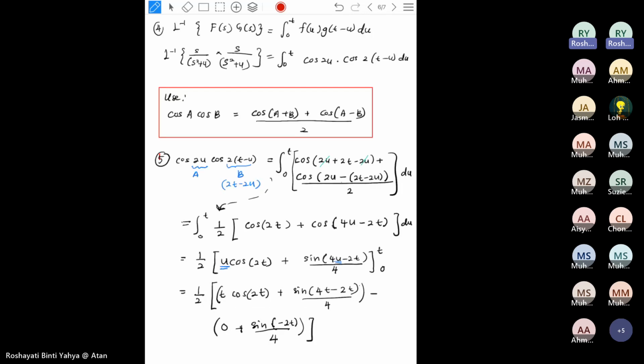For u is going to be 0 minus 2t, so become negative 2t.